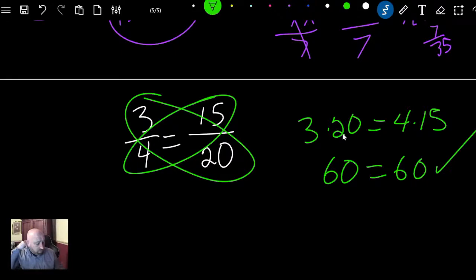So you could solve these questions as proportions, and don't forget that you always keep the miles with miles, feet with feet. I like to keep it as the numerator. You can keep it as the denominator, but that gets a little bit distracting sometimes because then it's kind of hard to remember.